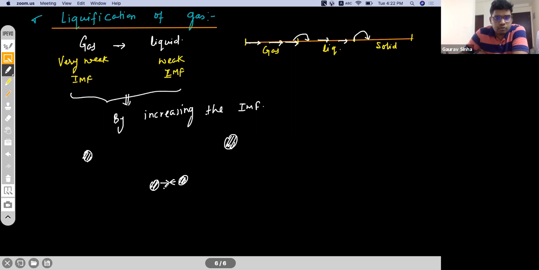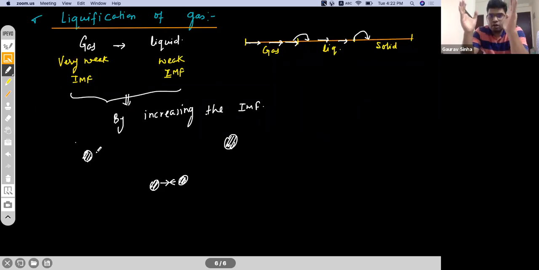So our objective is to decrease the average distance between the gaseous particles. And this we can achieve by increasing pressure, because if you increase the pressure, compression happens and the gaseous molecules come closer. Understood?